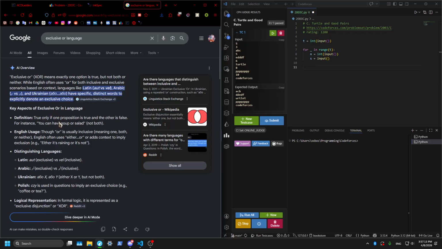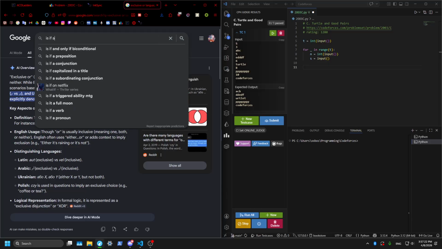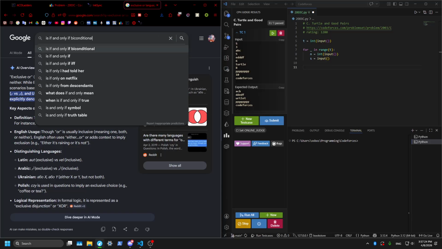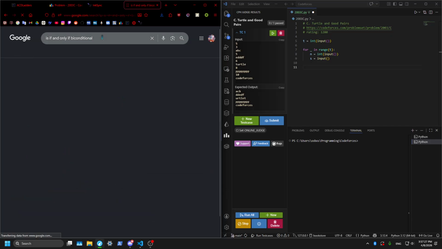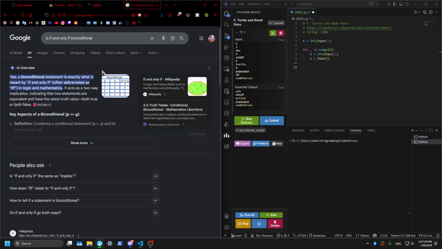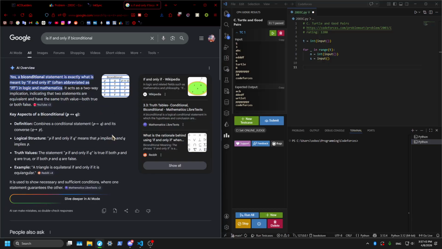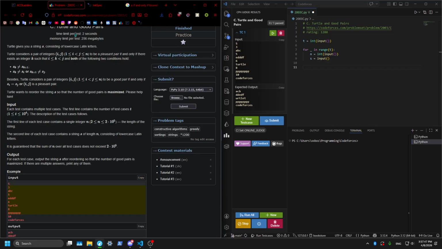If and only if: two statements are equivalent and have the same truth value, both true or both false. P if and only if Q. That's not what it's saying.